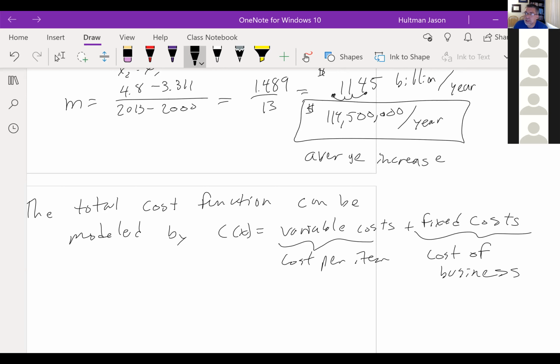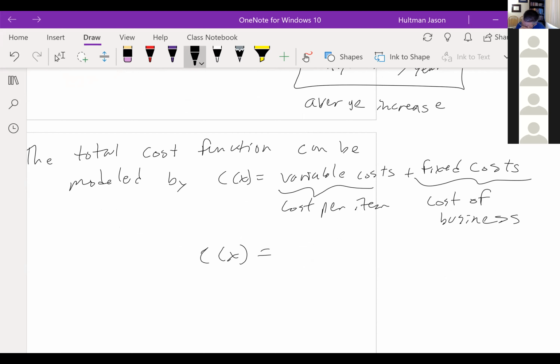That machine that I just bought for 10 grand, is that a variable cost or a fixed cost? Fixed. It's a fixed cost, because it's not a per item cost. I could make tens of thousands of items using this machine, right? So I'm going to say that C of x here is equal to a fixed cost of $10,000.